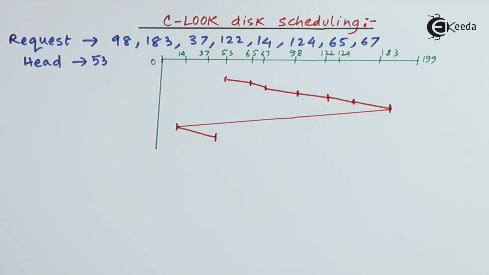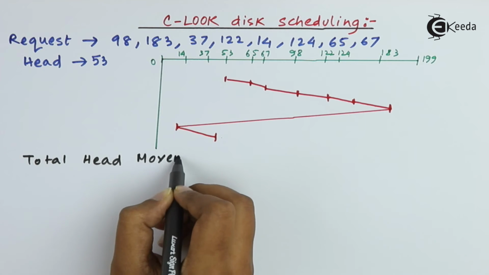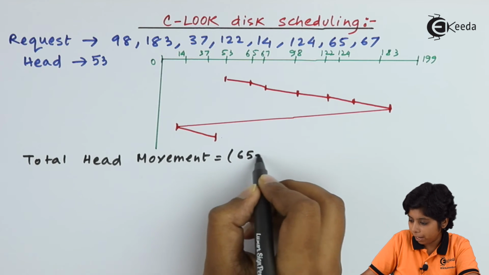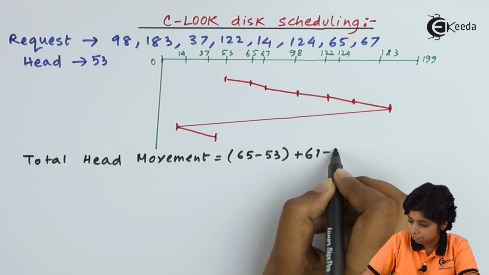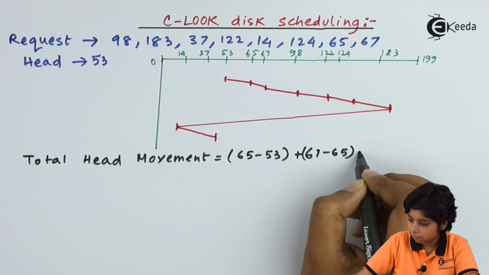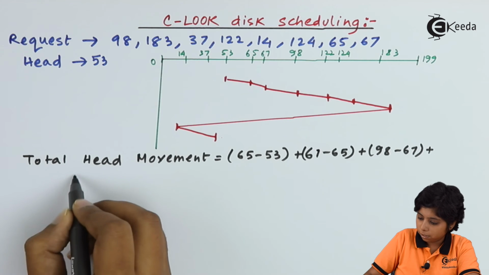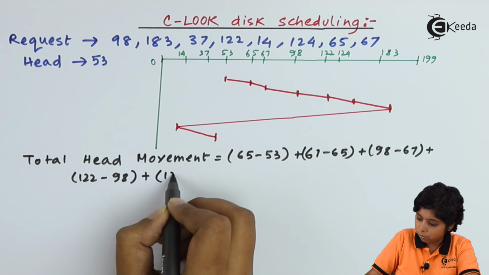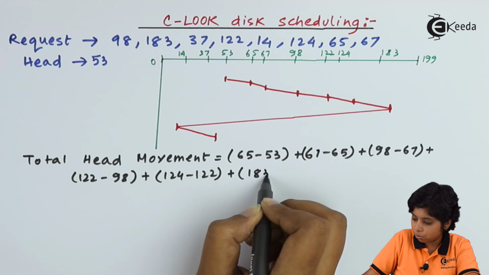So now we will calculate the total head movement. First from 53 to 65, then to 67, then to 98, then to 122, now to 124, 183.